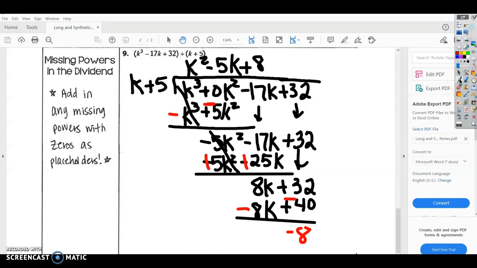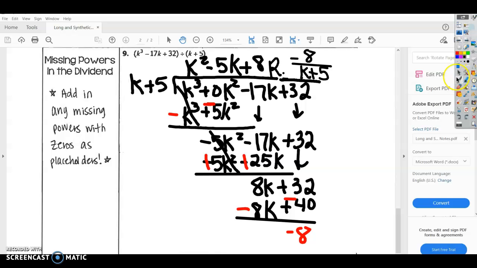Okay, like with the others, you're going to put the remainder at the top with the rest of it so that we can see what we have.